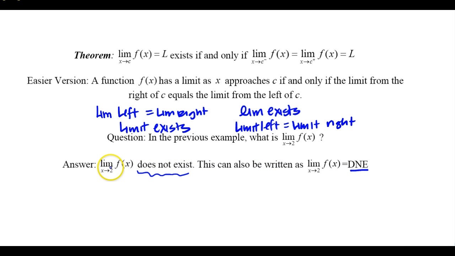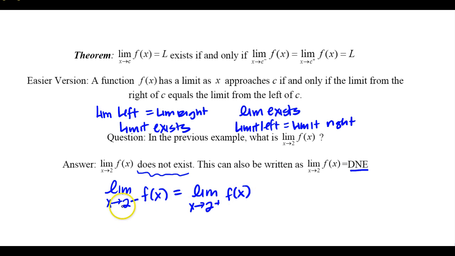A two-sided limit only exists when the limit as x approaches 2 from the left of f of x equals the limit as x approaches 2 from the right of f of x. Well, we said that from the left, the answer was 1, and from the right it was negative 3, and those two are not the same. So that means the two-sided limit, coming from both sides, must not exist.